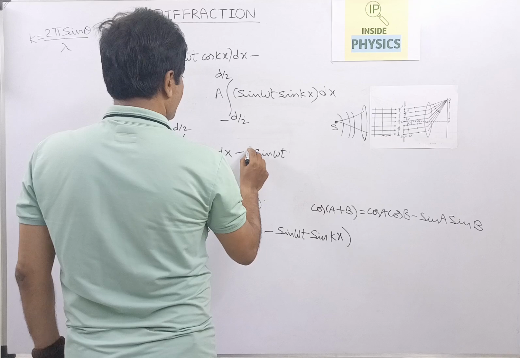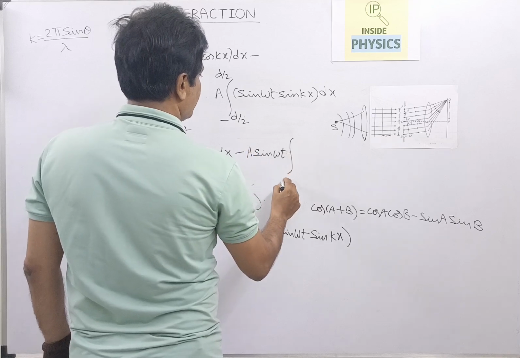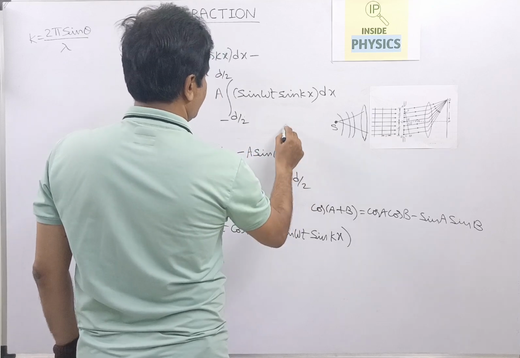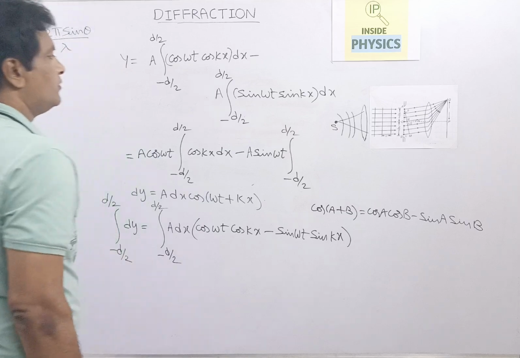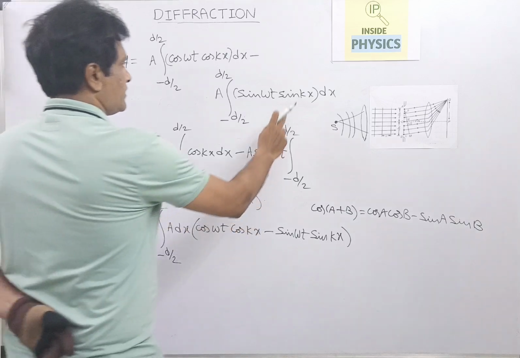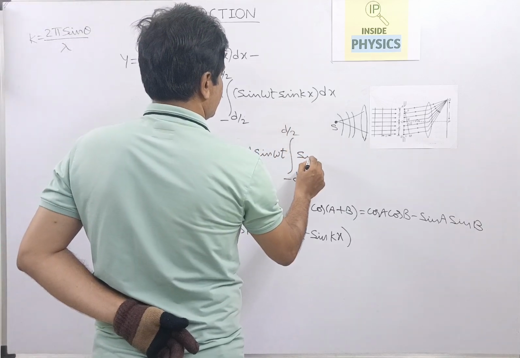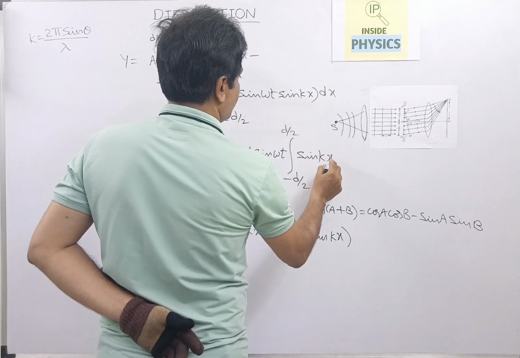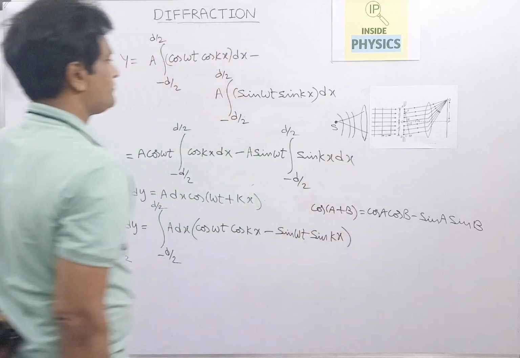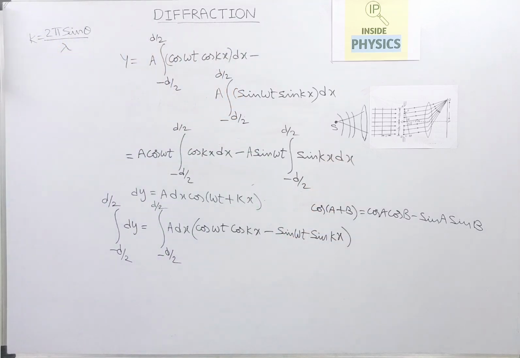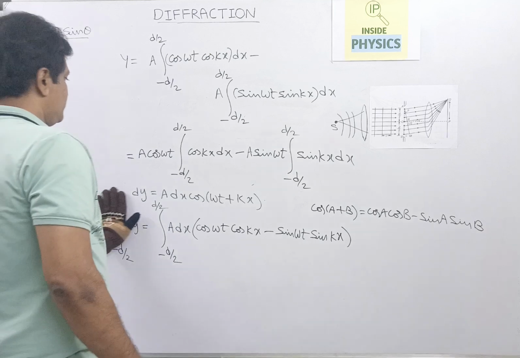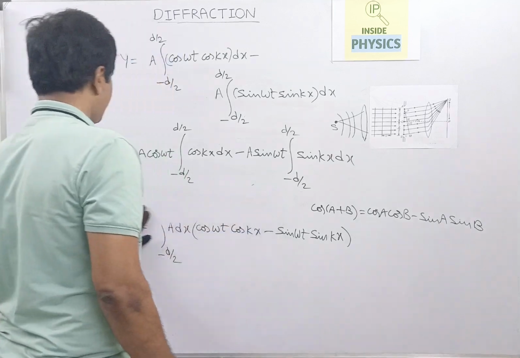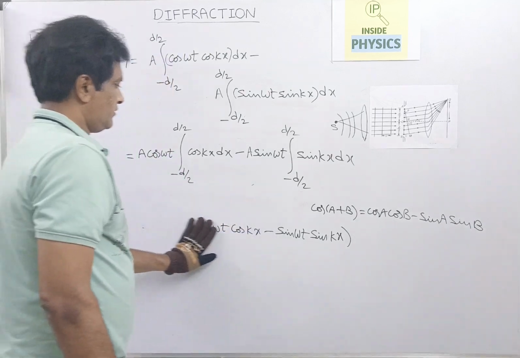Here A sin omega t and the integration between the limits minus d by 2 to d by 2 of sin kx dx. So here we are moving to further steps.